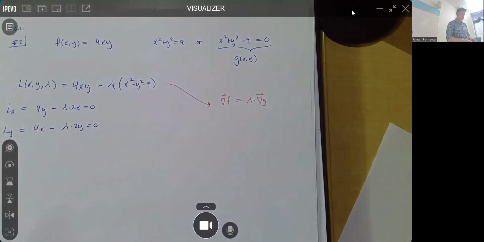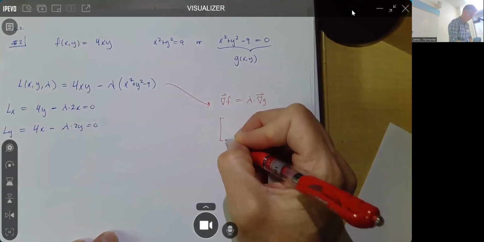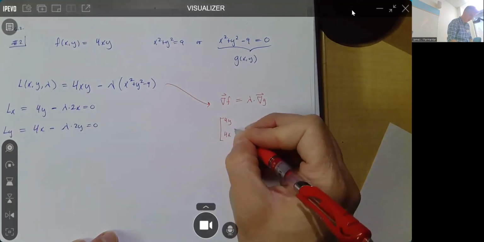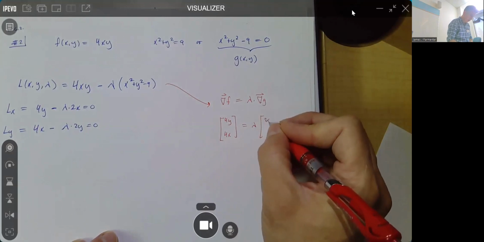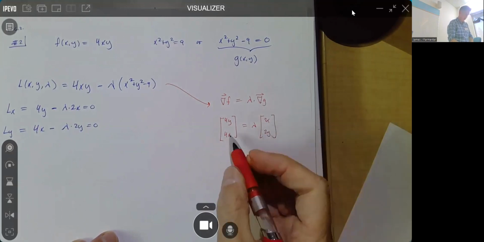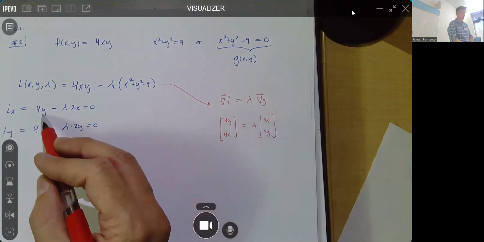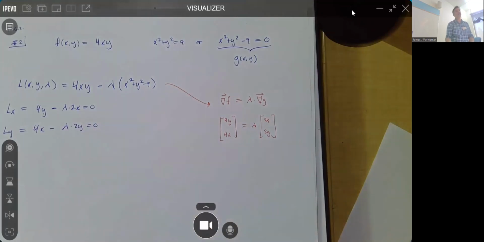And I will just point out that the gradient of f is 4y in the first component, 4x in the second component. Lambda times the gradient of g is 2x, 2y. So here I'm setting 4y equal to lambda times 2x, and over here I'm setting 4y equal to lambda times 2x. They're the same. It's just a different way of expressing the exact same content.